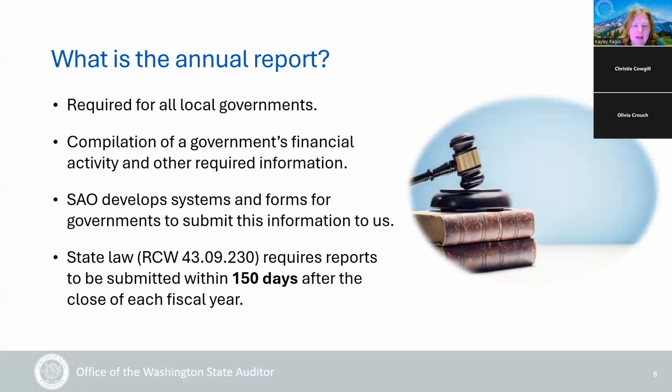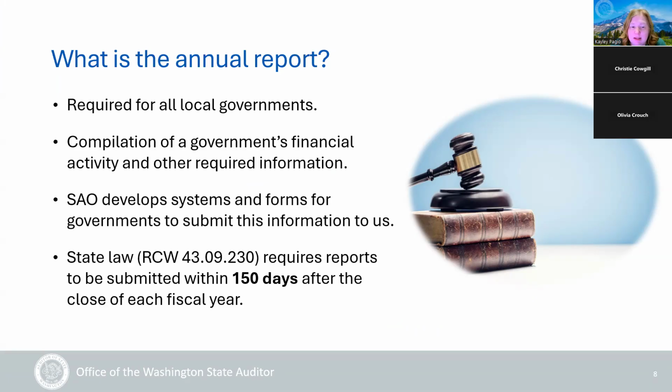Now we're going to get into our first agenda item, which is why we are all here today. What is the annual report? The annual report is required for all local governments in the state of Washington, regardless of size or annual revenue.